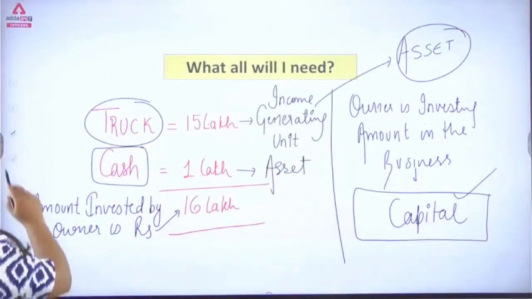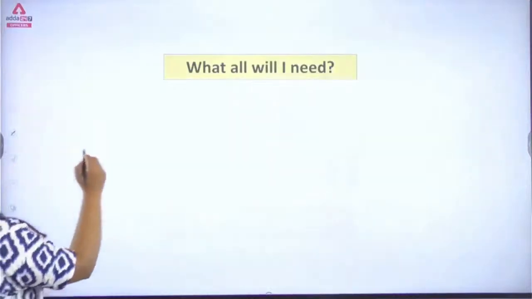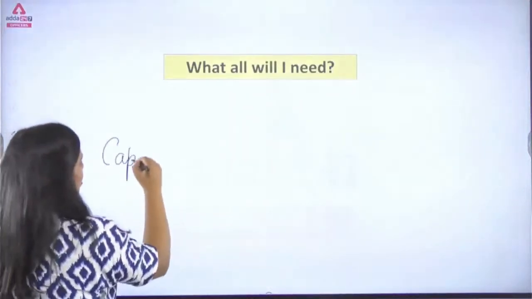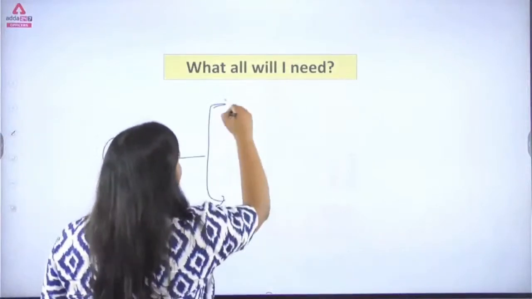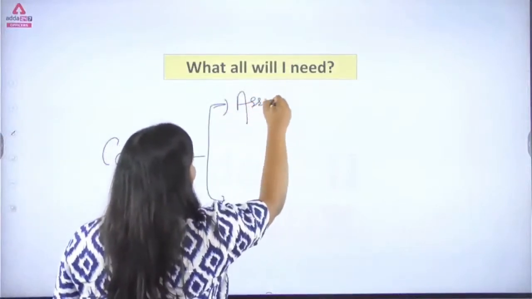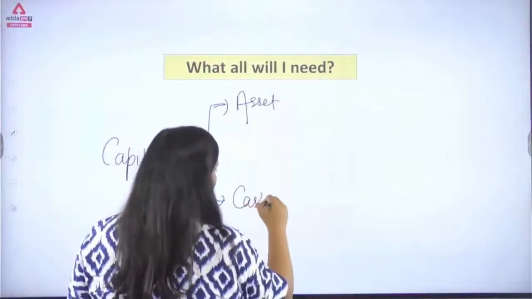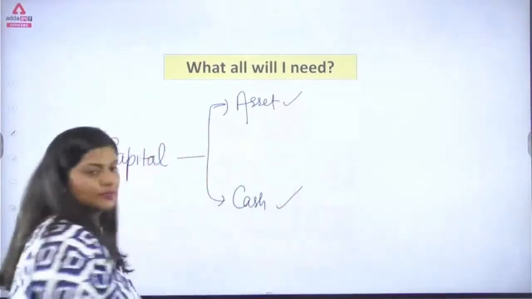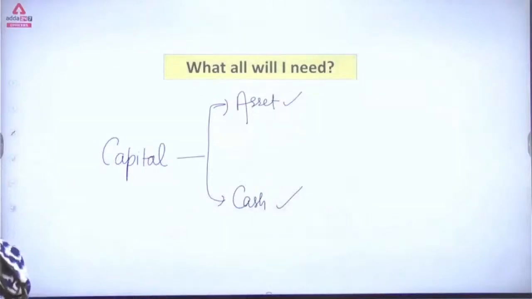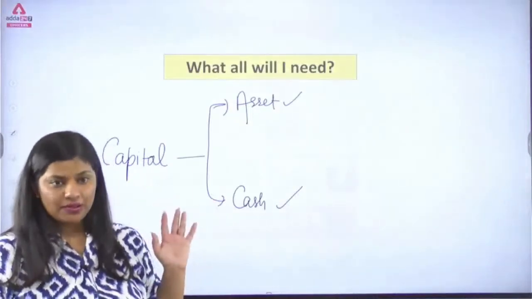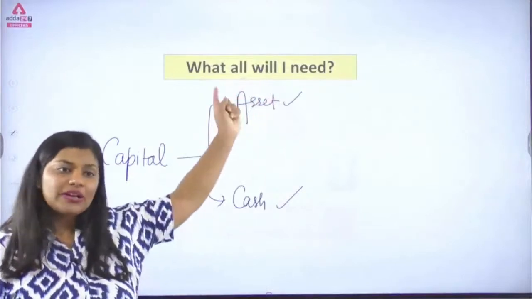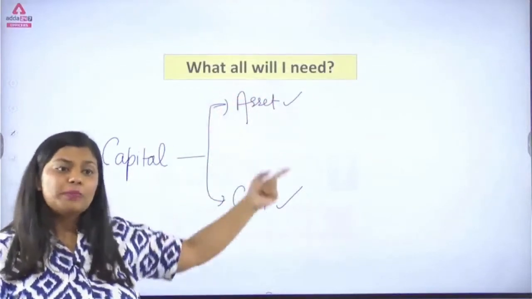That means, can I say that the owner can bring capital in the form of asset or cash? Cash is also an asset only. But the entire cash can be the capital, or you can bring capital where the entire asset is your capital, or it could be both.